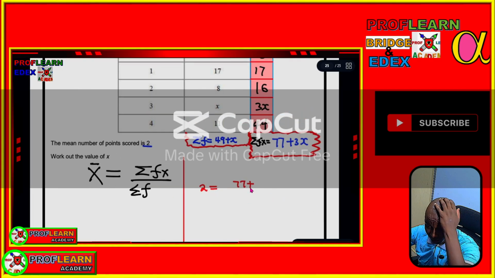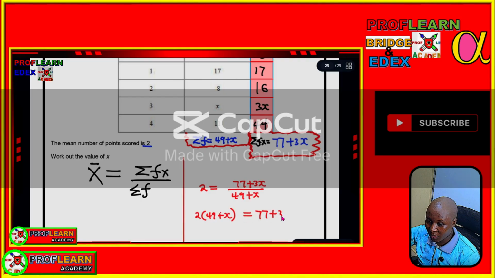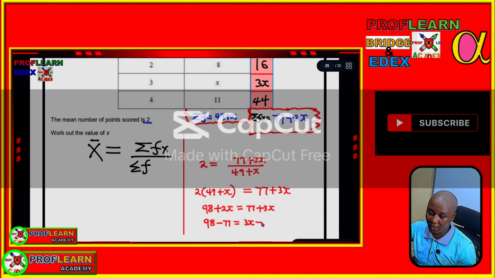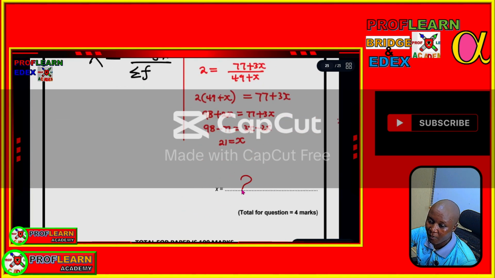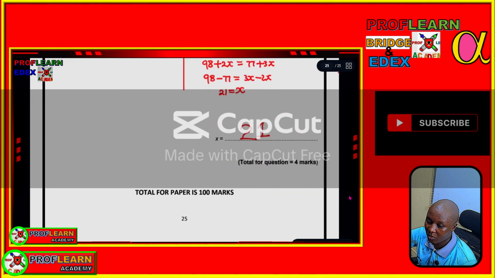Then we can say 2 equals 77 plus 3x over 49 plus x. We can multiply the denominator on both sides. Then we put the like terms together and solve for x. Putting the like terms together, we shall have 98 minus 77 is equal to x. So this is going to be 21 is equal to x. x is equal to 21.